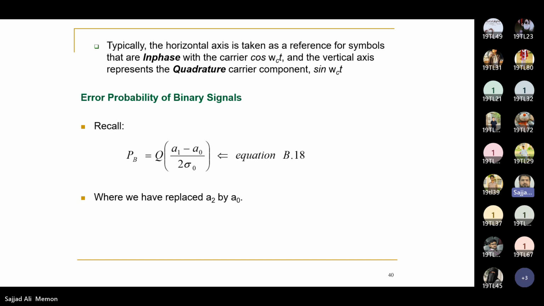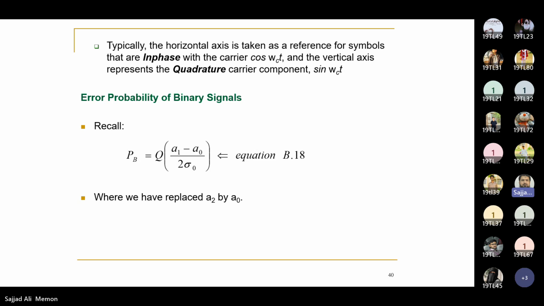Typically, the horizontal axis is taken as a reference for symbols that are in phase with the carrier cos omega ct, and the vertical axis represents the quadrature carrier component, that is sine omega ct. As we know, cos 0 is equal to 1, and sine 90 is equal to 1.